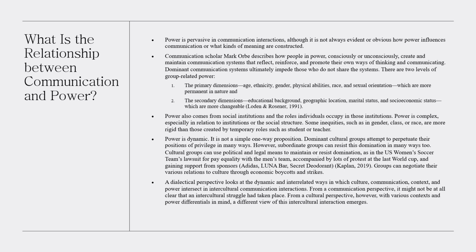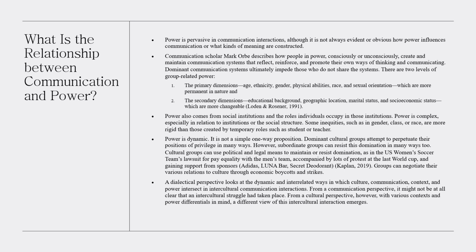Race, once again, there tends to be in cultures a preferred dominant race, and sexual orientation, right? So these are kind of things that are more permanent in nature, right? There are things that they are, right? They're part of who we are and part of how we understand the world, right? And these can have to do with those values we talked about earlier.